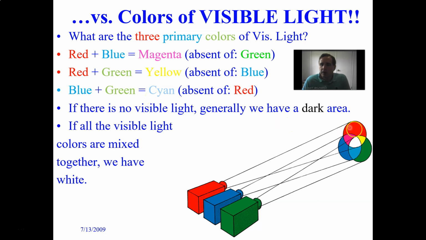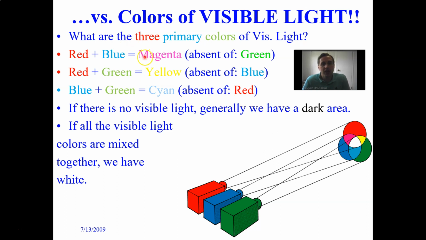Okay? So here's where we see that if you're lighting up a dark screen, when red and blue intersect, they have magenta. When red and green intersect, we have yellow. And then lastly, blue and green intersect, we have cyan. The triple intersection gives white, because white is all the colors of visible light put together. But if you have no light there, that should be a dark area.